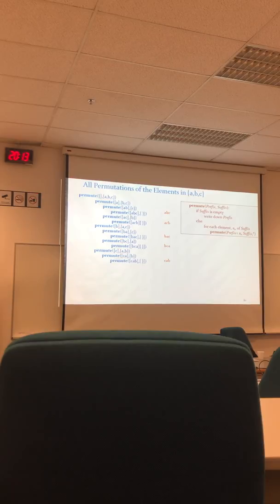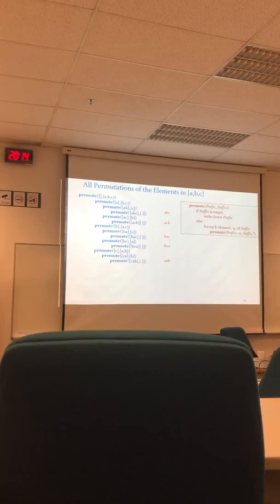We want to find the permutation, just based on three elements, A, B, C. Initially we have not found anything yet, so this prefix is empty initially.